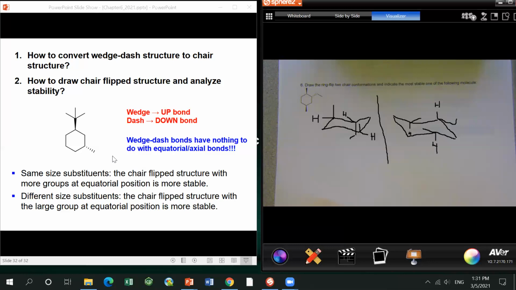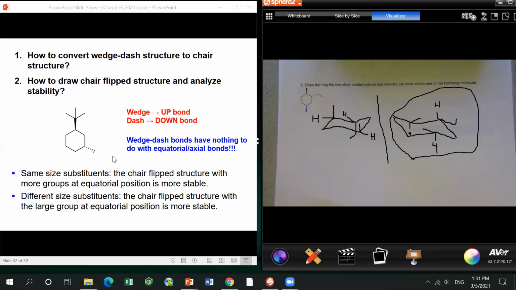Not bad. So which one is more stable? You can put some kind of circle or arrow. So label the most stable one. All right, pretty good.